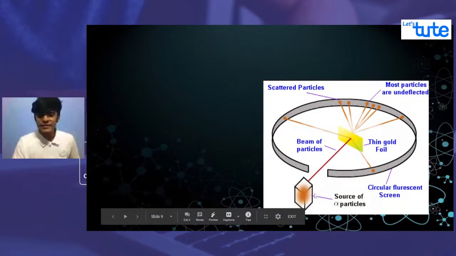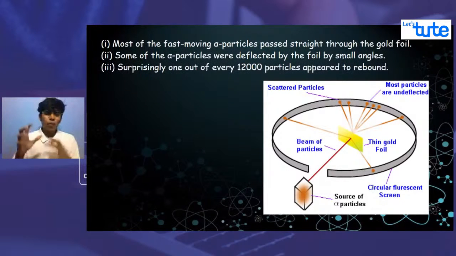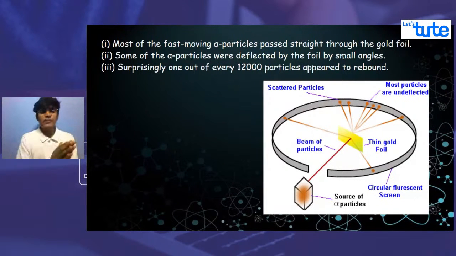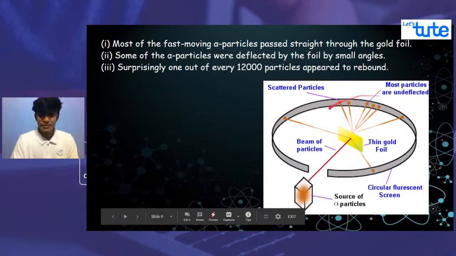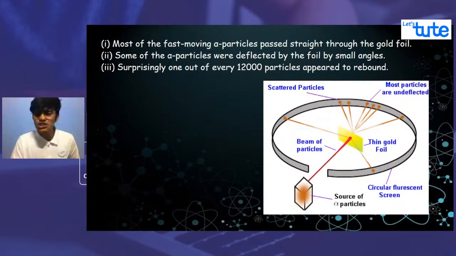When he made the alpha particles fall on the thin gold foil, he noticed that most of the fast moving alpha particles passed straight through the gold foil, as you can see here. Most of the alpha particles pass straight through the gold foil, but only some of the alpha particles are deflected by the foil by a small angle.